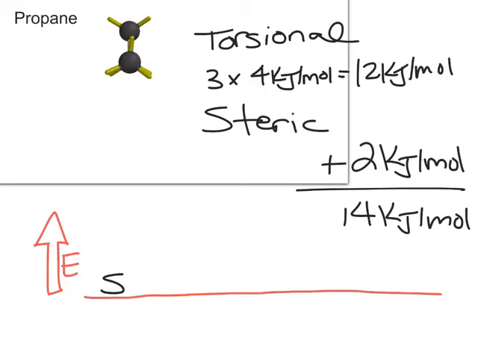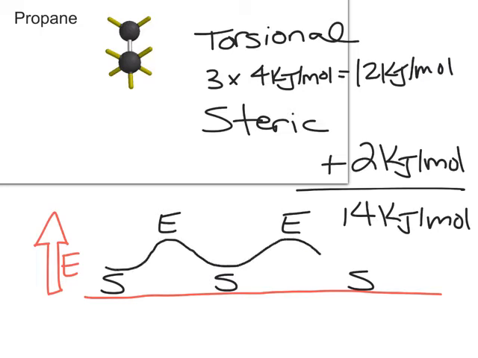So as this molecule continues to rotate, it goes from staggered to eclipsed conformation, back to staggered and eclipsed and so on. And as it does that each time, it's passing through an area of high energy. It requires 14 kilojoules per mole in order to rotate through.